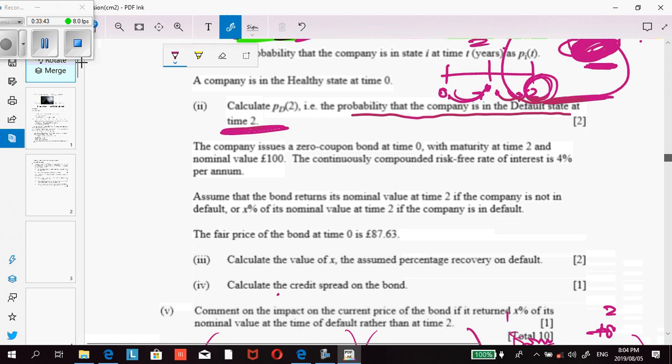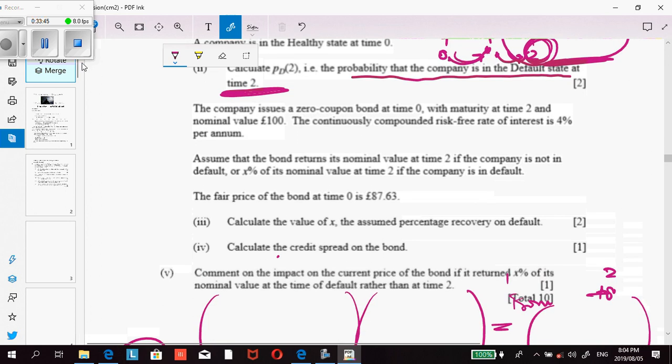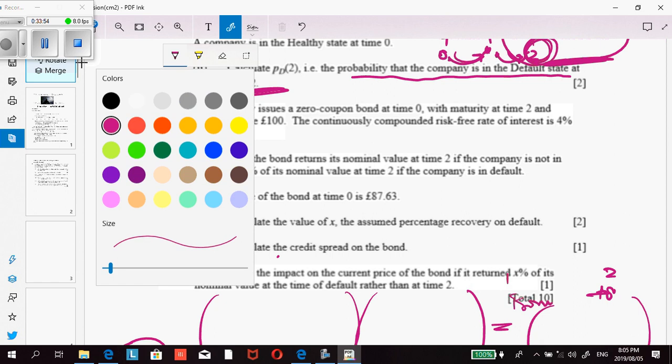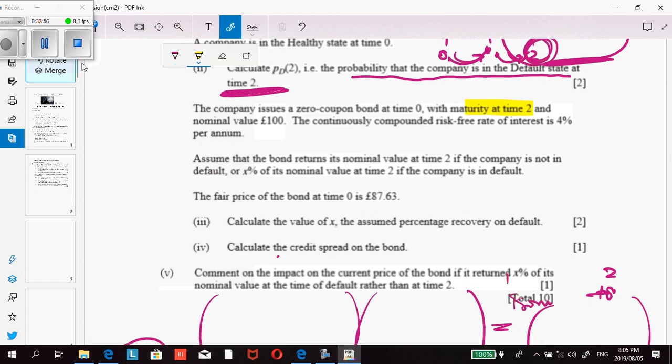Now, the second part of the question gets even more interesting, because they say the company issues a zero coupon bond at time 0 with a maturity at time 2. Okay, and nominal value of £100. Now they say the continuously compounded risk-free rate of interest is 4% per annum.